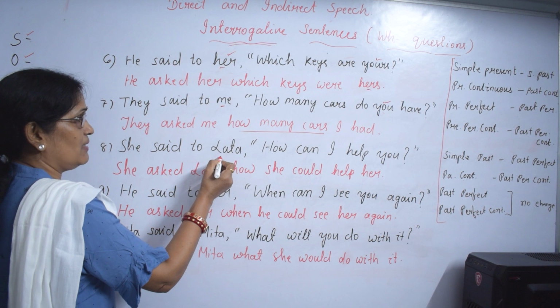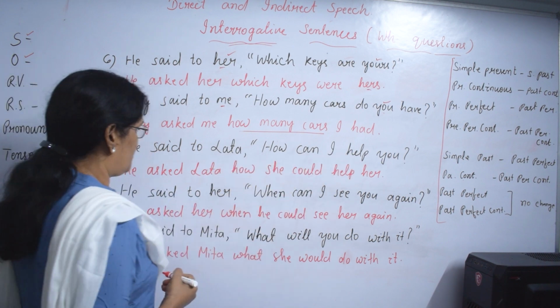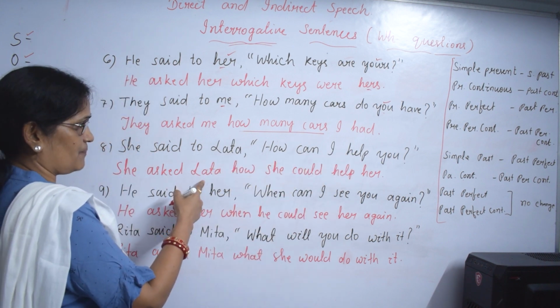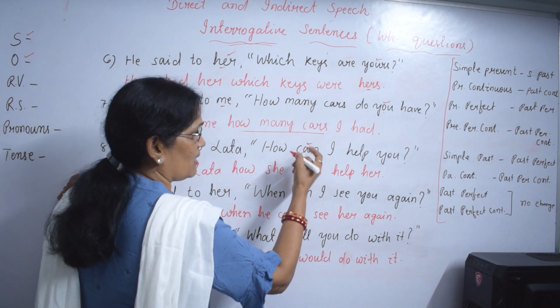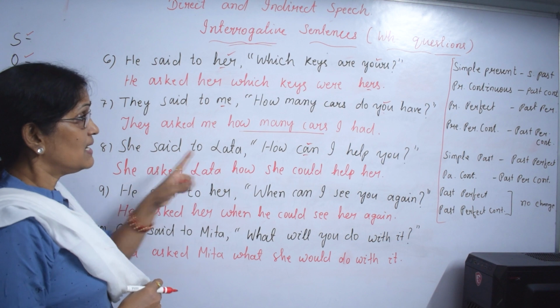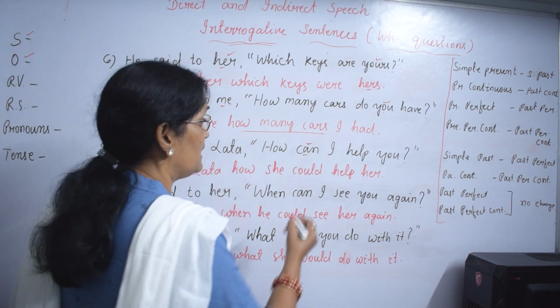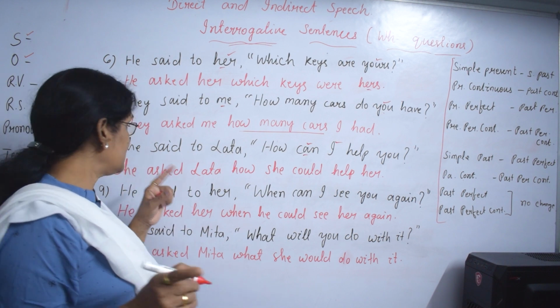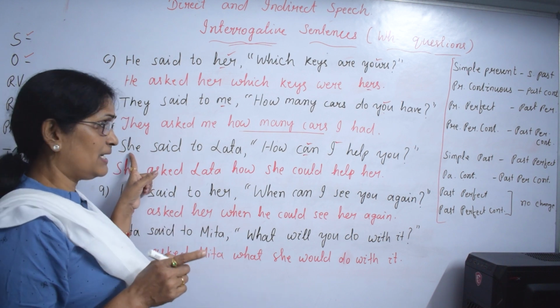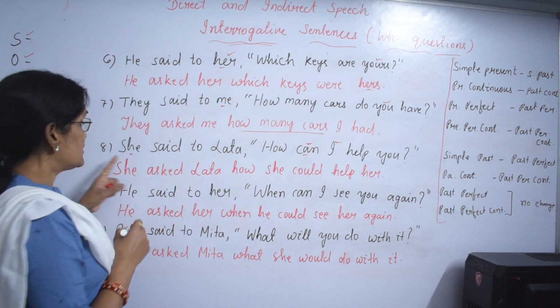She said to Lata, how can I help you? She asked Lata, how? Here modal is used. Modal, can. How can I help you? Here I is first person pronoun. First person pronoun will be changed as per speaker. So, here she is speaker.